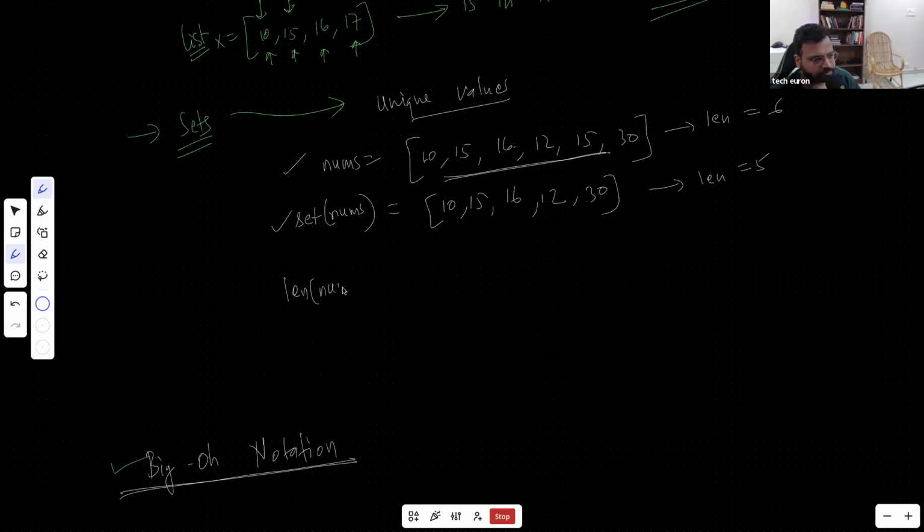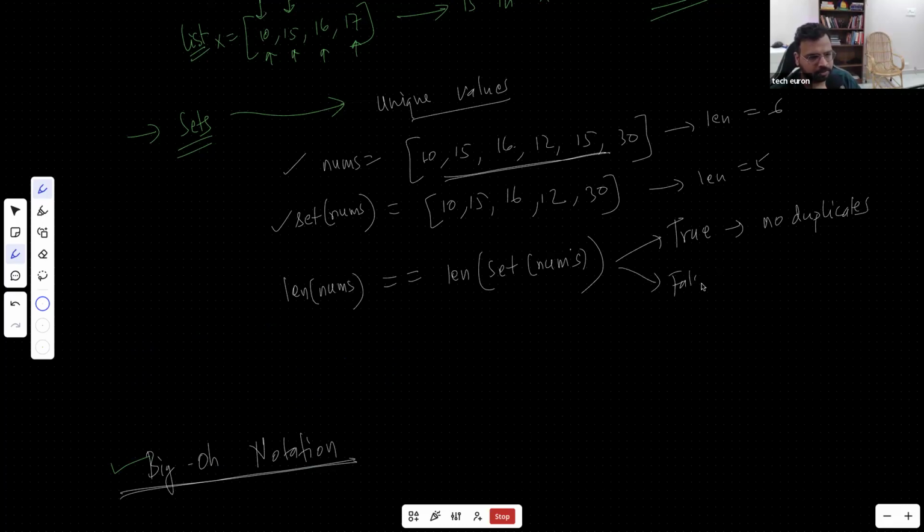You can do length of nums equal to length of set of nums. If this is true, it means no duplicates. If this is false, it means there is at least one duplicate.